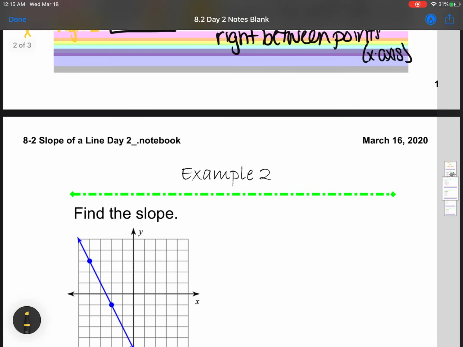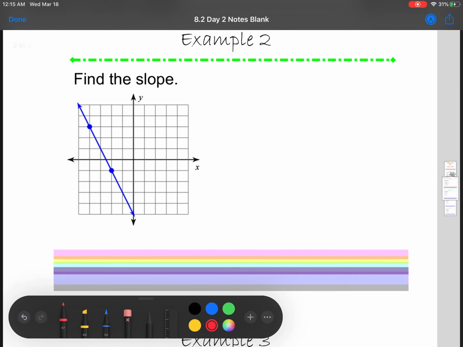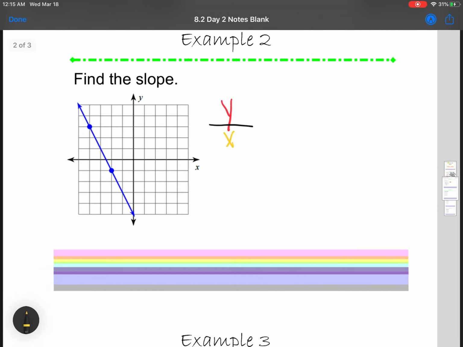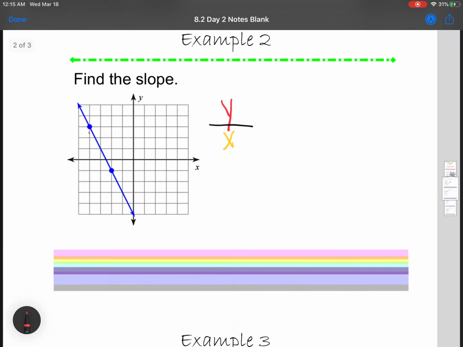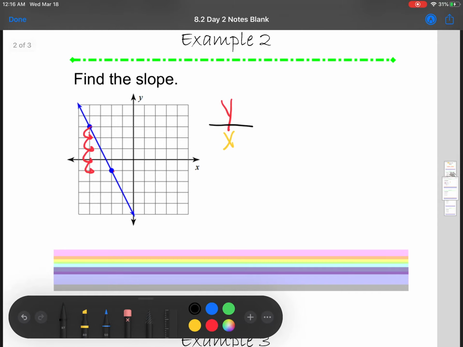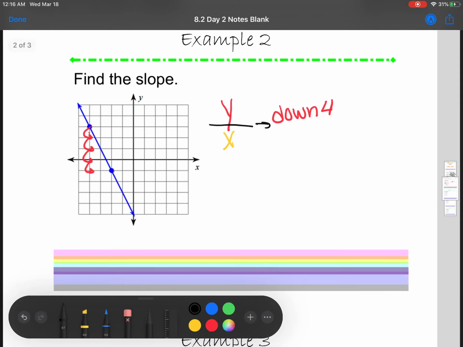So for the next one, number 2, again, I am going to do y over my x's. All right, so for the change in my y's, I'm going down to get from this point to this point. 1, 2, 3, 4. I am going down 4.